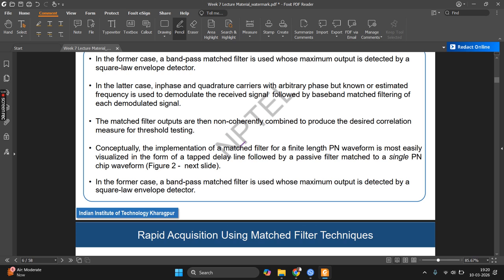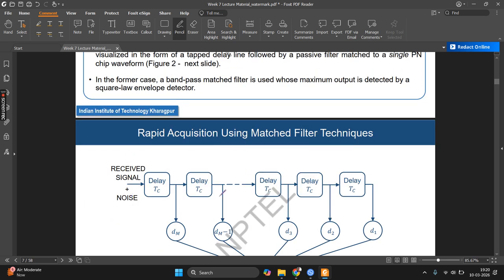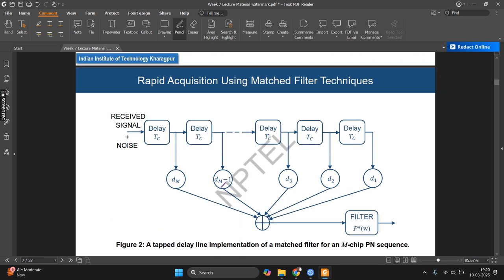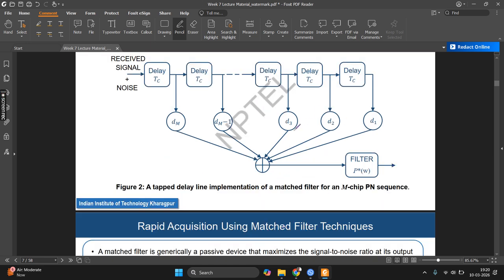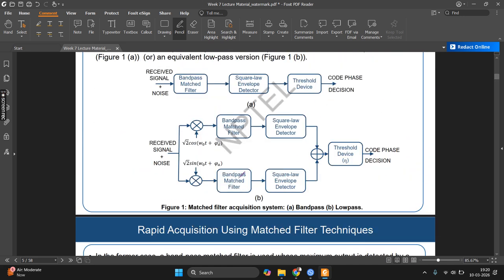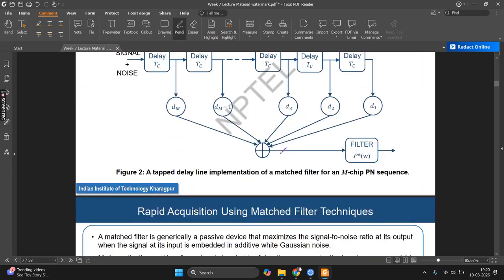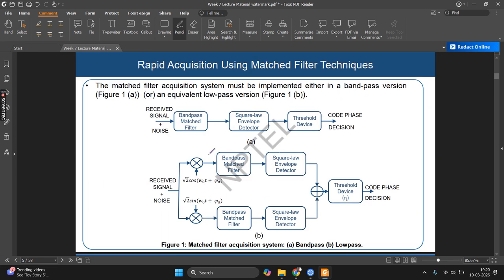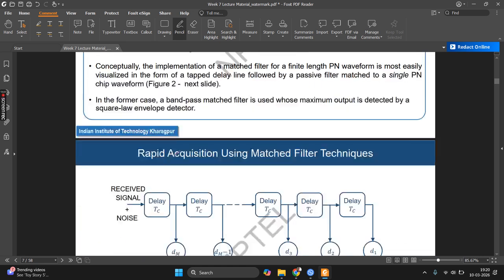So this is another way of thinking about the PN sequence acquisition mechanism: you are basically delaying and adding, delay and add, delay and add, and then you get a particular sequence through the tapped delay line implementation, and then you finally pass it through a matched filter to get the PN sequence. So figure 2 can be shown to be equivalent to figure 1. Figure 2 is a conceptual implementation of what is actually done in figure 1.